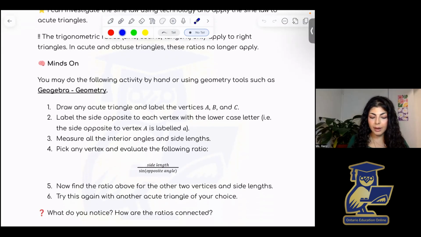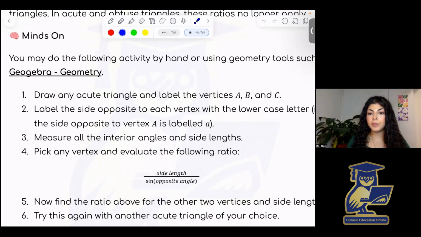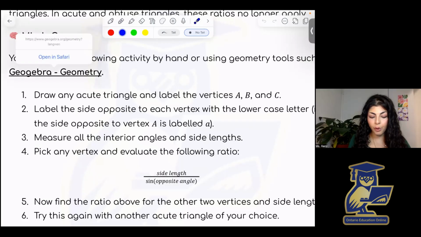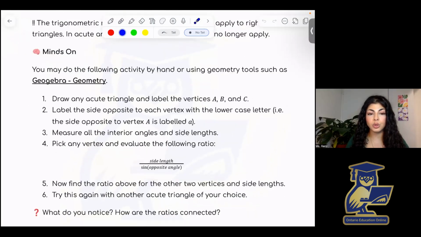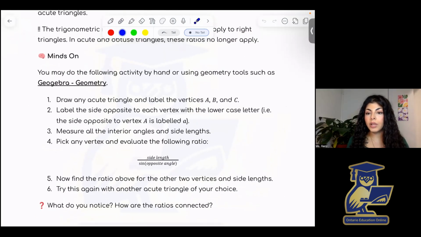You can use GeoGebra geometry, so it is linked here for you, and this allows you to draw a triangle and use the measurement tools to measure the side lengths and the angles in order to determine the answers here. You can also draw this by hand, but it will be an extra step where you have to use a ruler and a protractor to determine the measure of the side lengths as well as the angles.